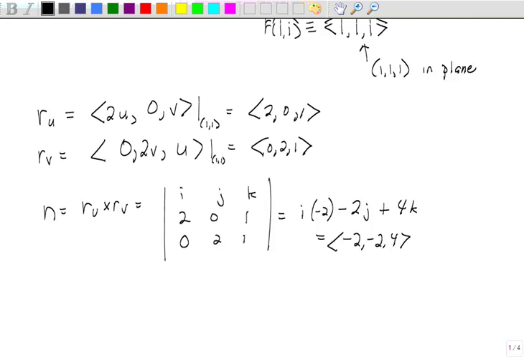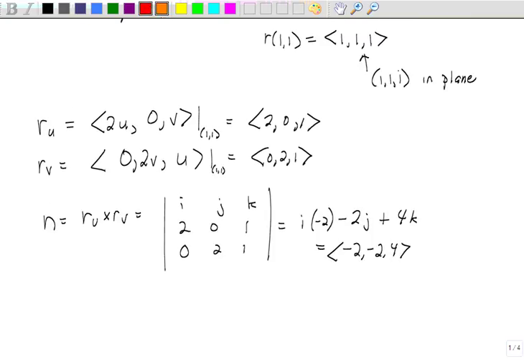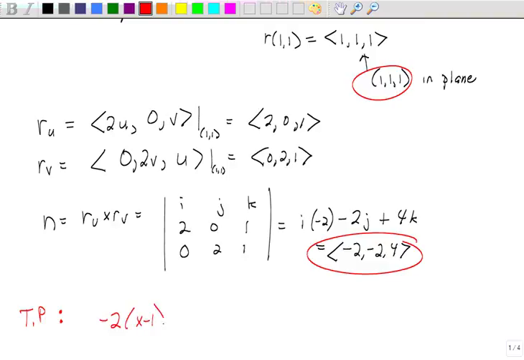And so we have a point in the plane and we have the normal vector, so the tangent plane equation is going to be negative 2(x minus 1) minus 2(y minus 1) plus 4(z minus 1) equals 0.